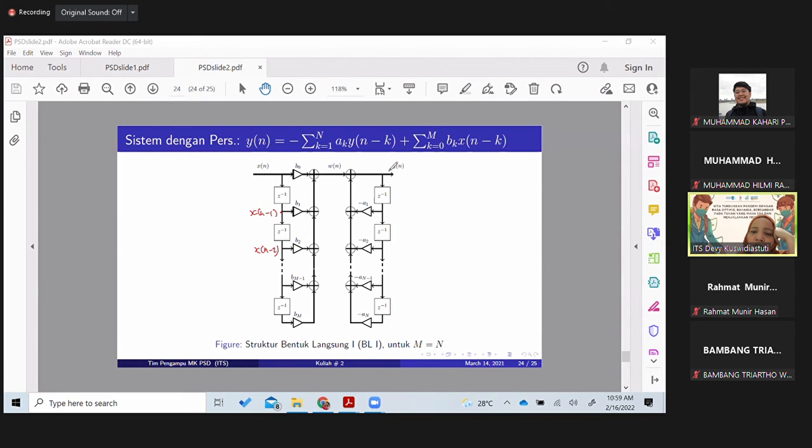This goes on until k equals M, so this here will be xn minus m multiplied with bm, plus everything in between. So this part here is related to this part of the formula.